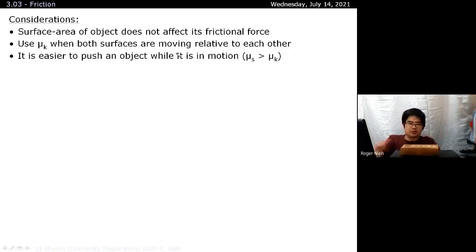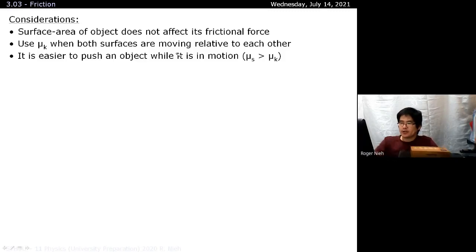So those two effects cancel each other out. Even though the pressure is higher here, the surface area is smaller. Here, the pressure is lower, but the surface area is greater. So those aspects cancel out, and we don't care about surface area. That's why in the problems in tonight's homework, there's no description of how big the object is. It doesn't matter in our final answer.